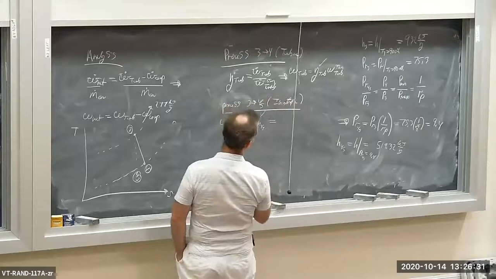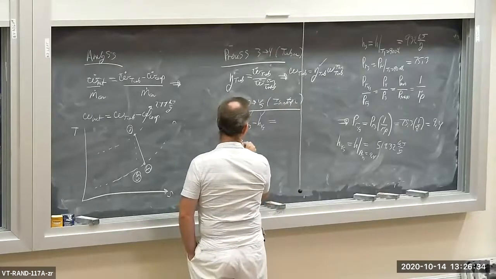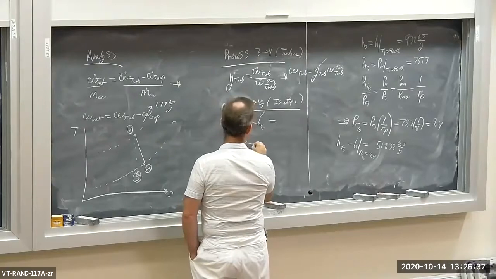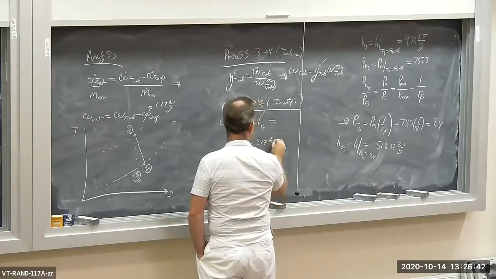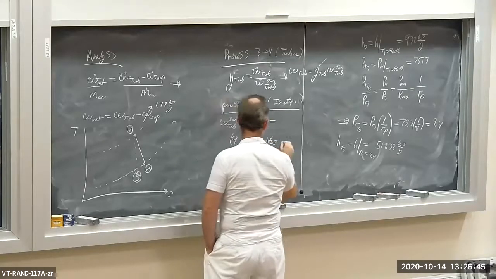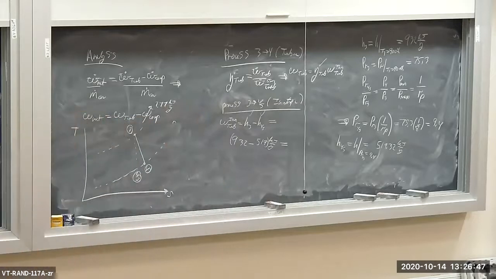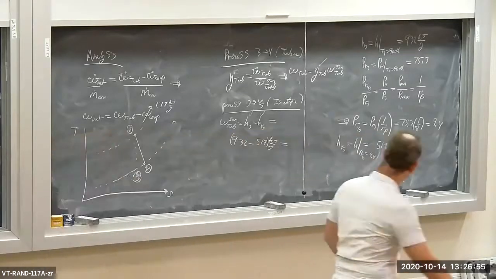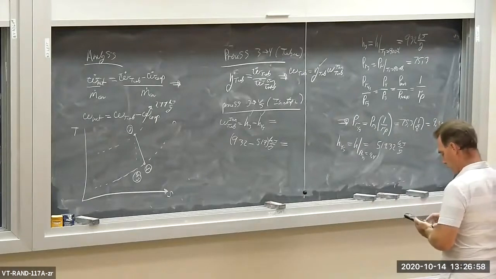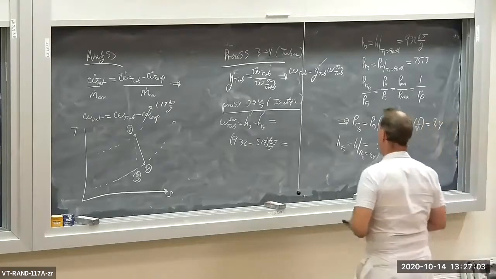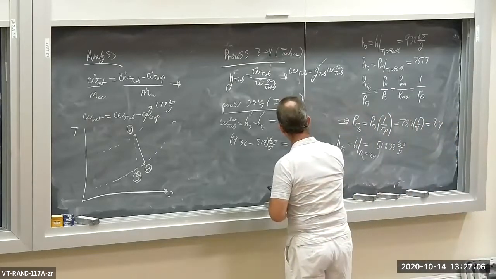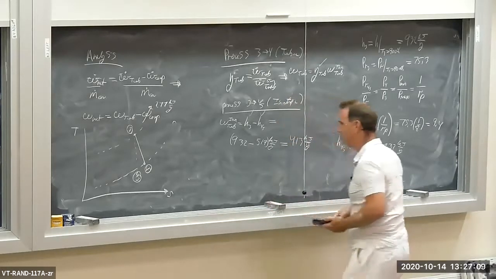So I've got 932 minus, I'll just do 519, 519 kilojoules per kilogram. And I have the specific work for the isentropic turbine, the most efficient one. 932 minus 519, or 413 kilojoules per kilogram.